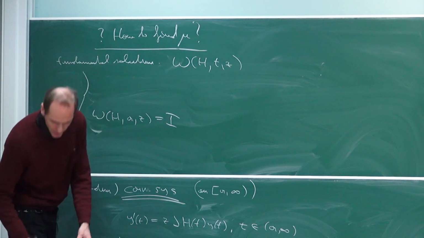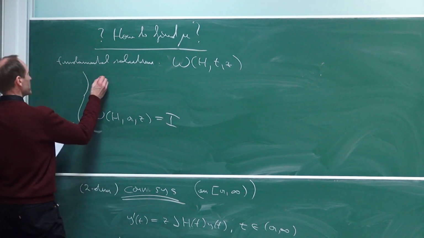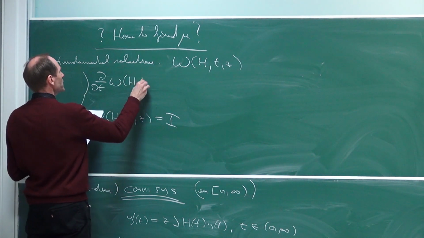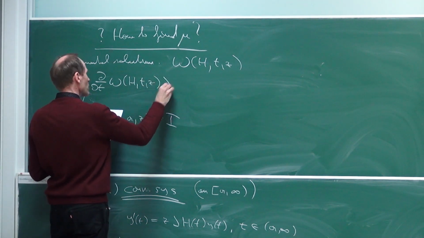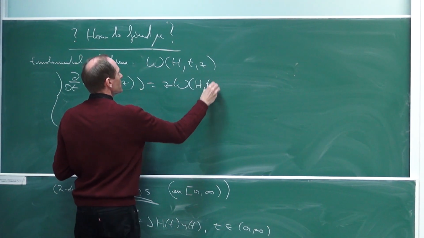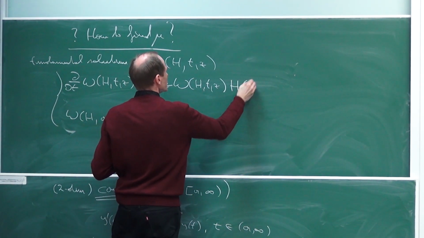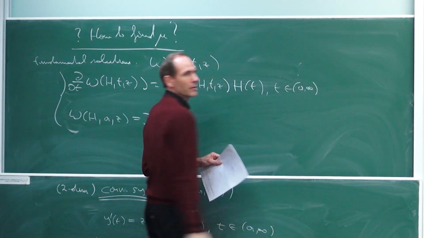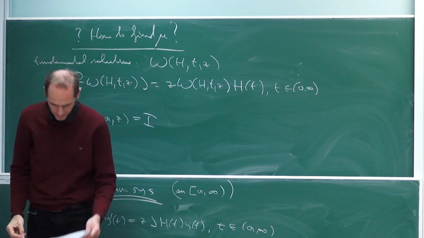So the equation that I want to be satisfied reads: d over dt, W(H, t, z) J is z W(H, t, z) H(t). That should hold almost everywhere on that ray.